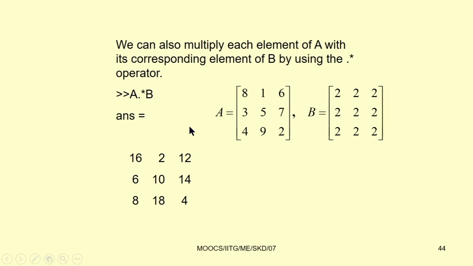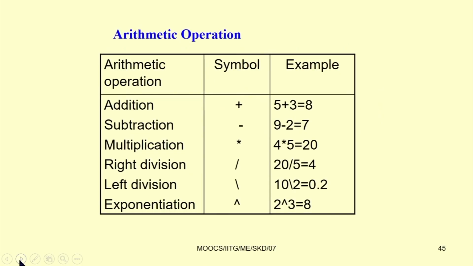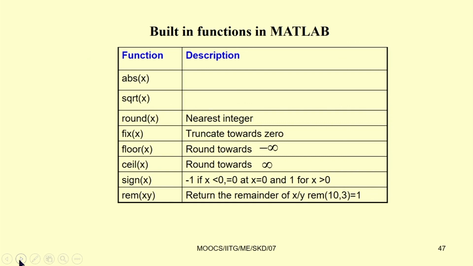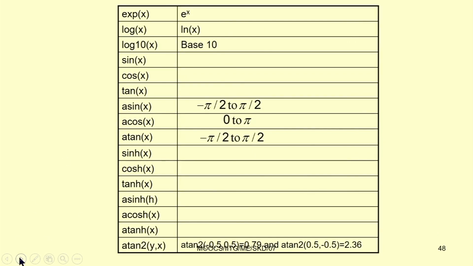But if you want to multiply element wise, then you put a command like this, A dot star. Element wise operation can be done by putting this dot. Okay. So these are the addition, subtraction symbols you can use. All these things have been briefly given in the slides, you can see.